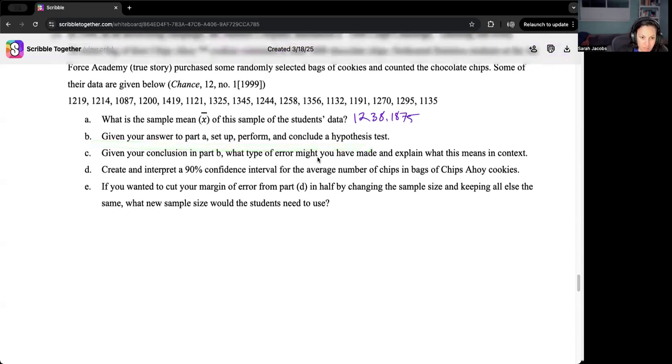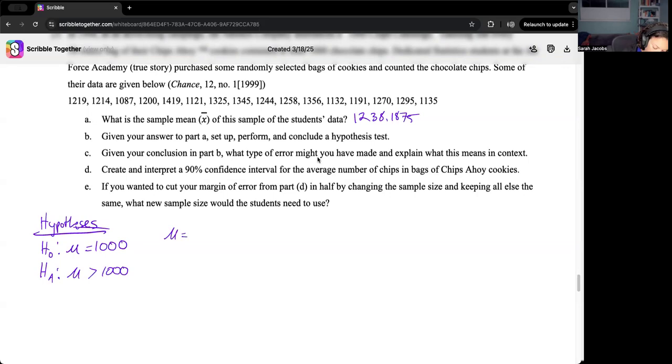Okay. So, our hypotheses. The null is that mu is equal to 1,000. And the alternative is that mu is greater than 1,000.